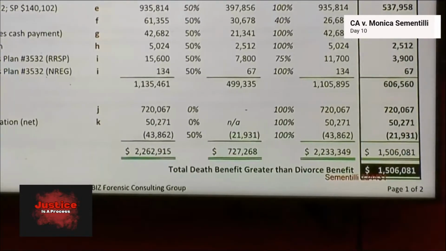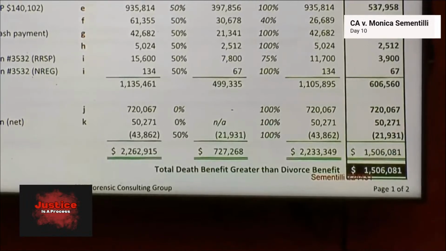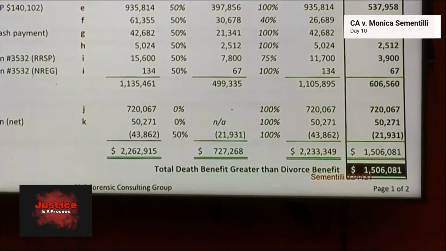And then on line 25, you have something called post-death separation compensation. What is that? The company elected to continue to pay Mr. Sementilli for 6 months after he passed, and so that compensation, this is the net that was received after tax, amounted to $50,271, but in a divorce situation, that would be his separate property.